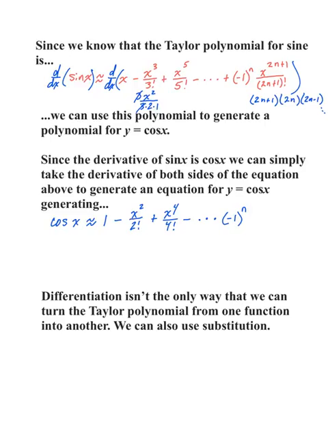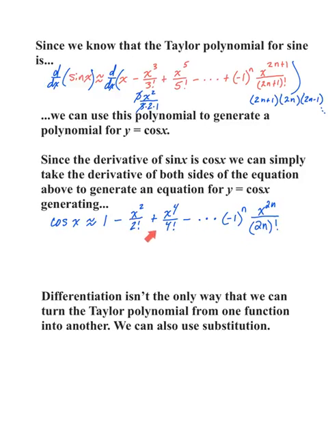So if you think about taking our derivative here, you're going to bring this 2n plus 1 to the front, which will cancel with this 2n plus 1, leaving us with 2n factorial. And subtracting 1 from the exponent is going to leave us with x raised to the 2n over 2n factorial. All right, so what we have now is the approximation for cosine of x.